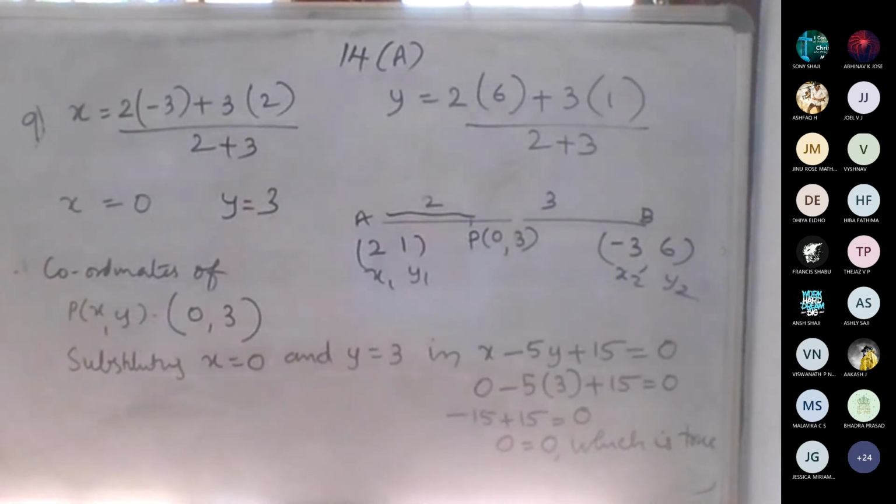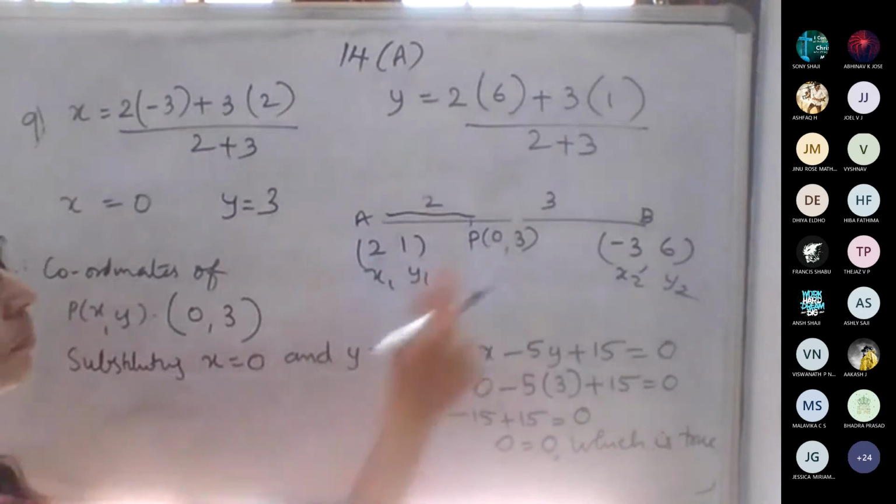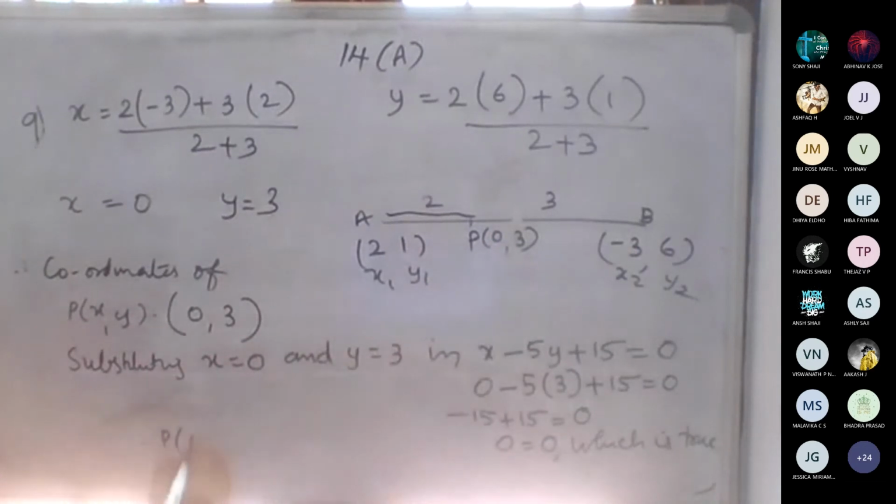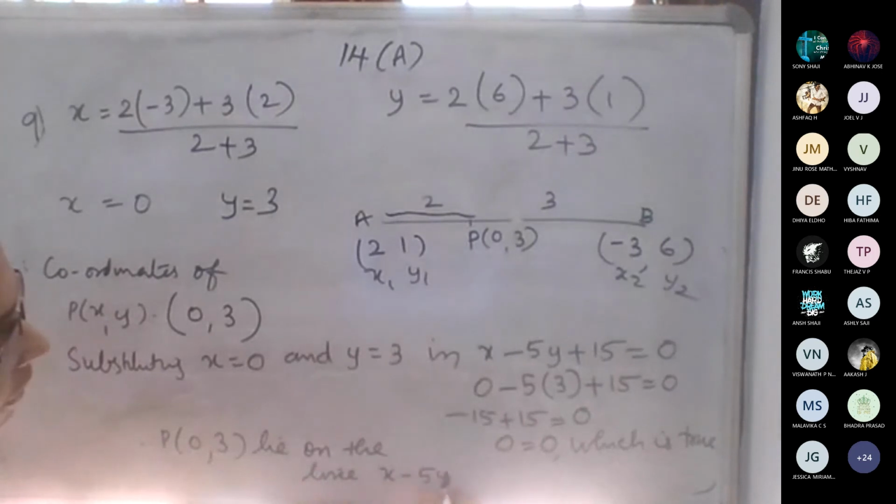Therefore, we can write P(0, 3). What is our question? Does P lie on the line? Since it satisfies, we can say that P(0, 3) lies on the line x minus 5y plus 15 is equal to 0.